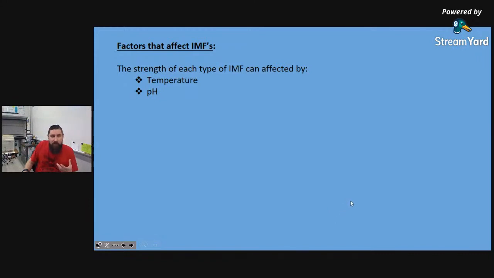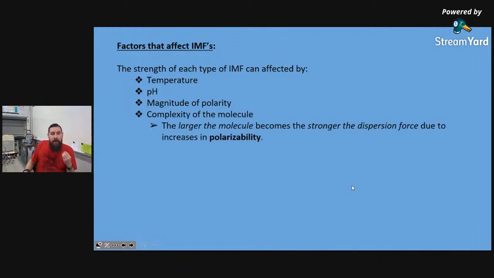pH also changes it, especially when you're dealing with acid-base chemistry. IMFs play a large role in whether or not something is a strong acid or a weak acid. Magnitude of polarity. The more polar a molecule is, the stronger the dipole-dipole interaction can be, or the stronger the induced dipole that it can end up causing with another molecule. And then lastly, the complexity of the molecule.